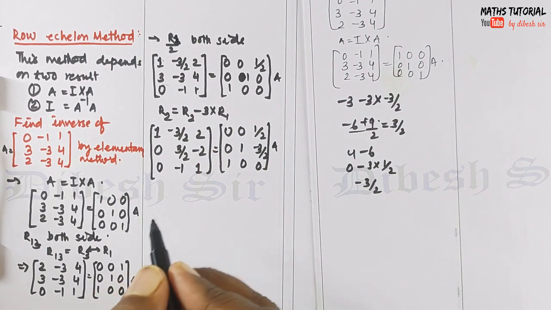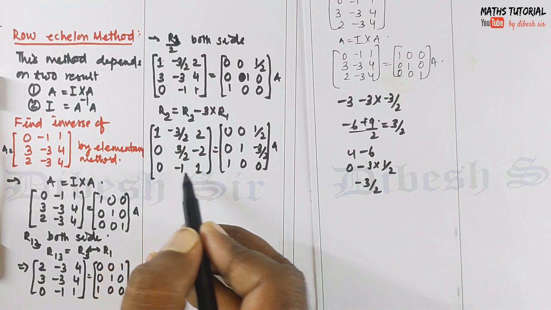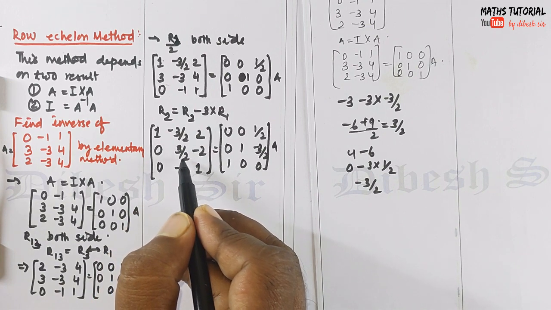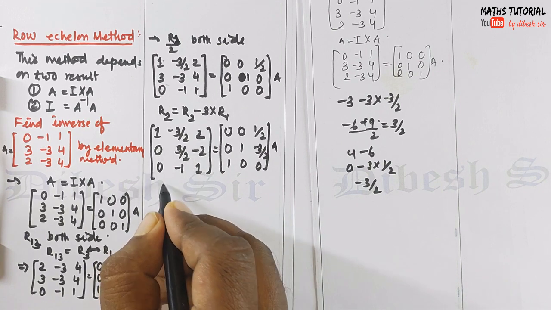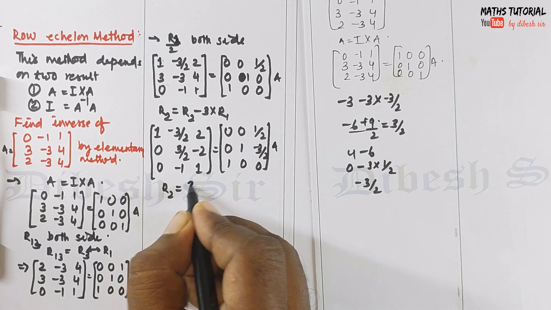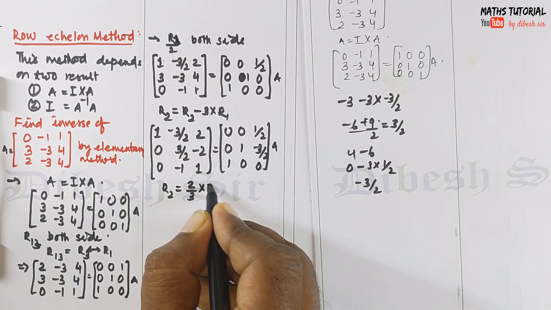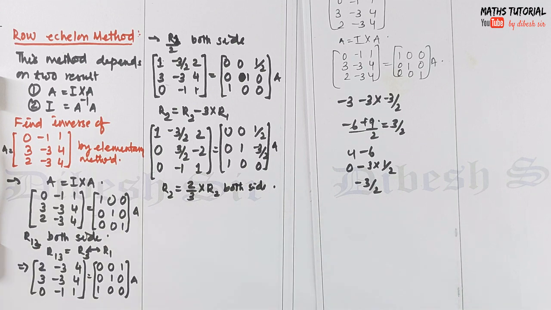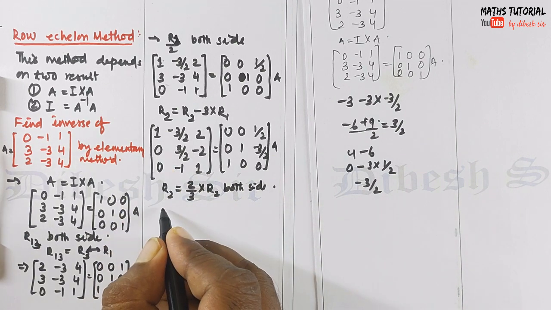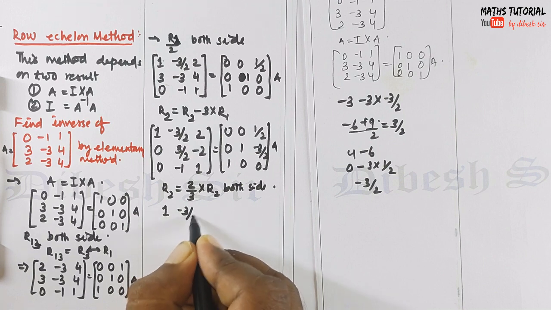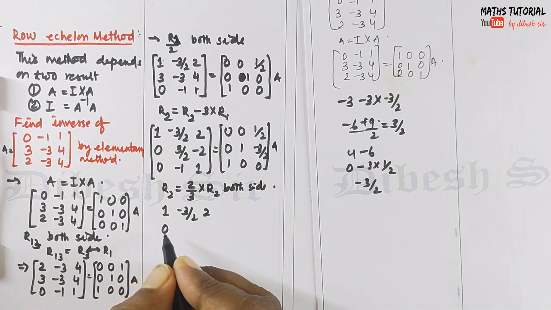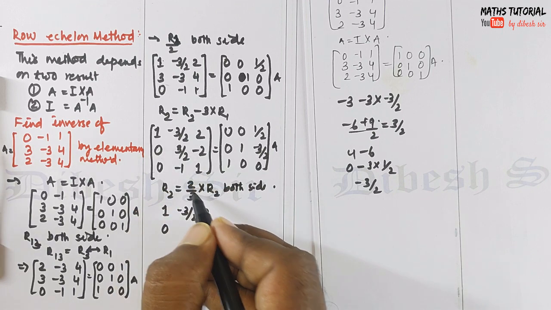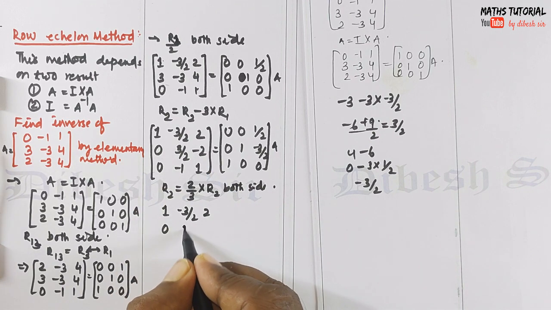Now apply. To make this 1, multiply by 2 by 3 with R2. So R2 is equal to 2 by 3 R2, on both sides. Here comes 1, minus 3 by 2, 2, then 0, and 3 by 2 into 2 by 3 cancels out, that remains 1.